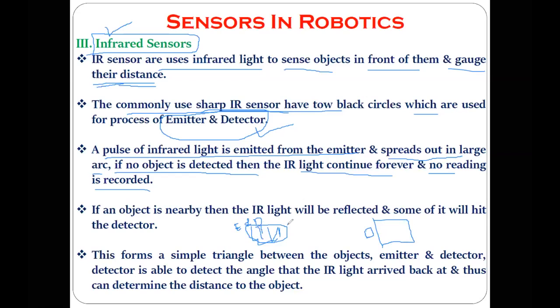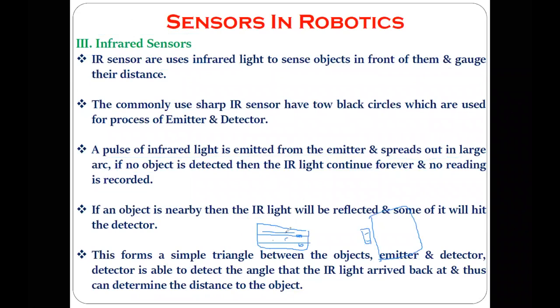So we are discussing the remote control with its infrared sensor and the two important components, the emitter and the detector. One is the emitter and the other is the detector.